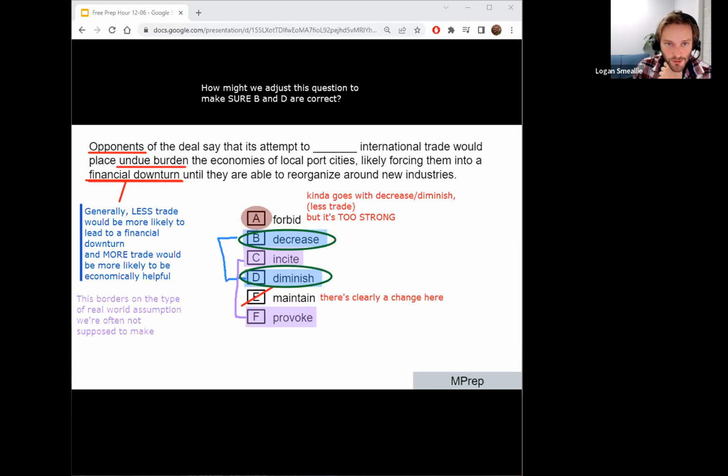I see an interesting note in the chat. I think that's getting us in the right direction: until they're able to establish new industries. I think this helps.